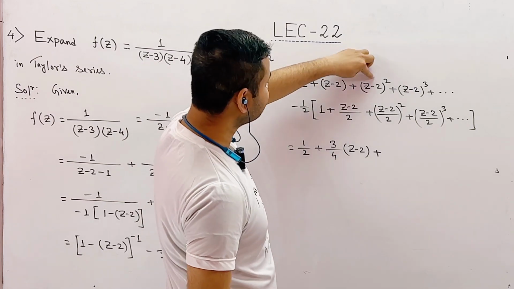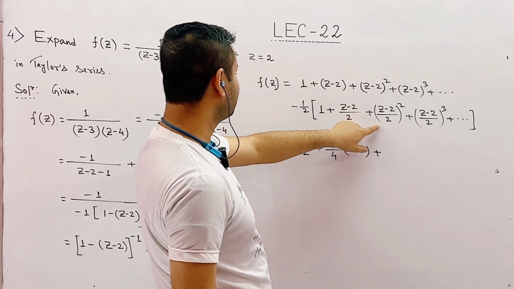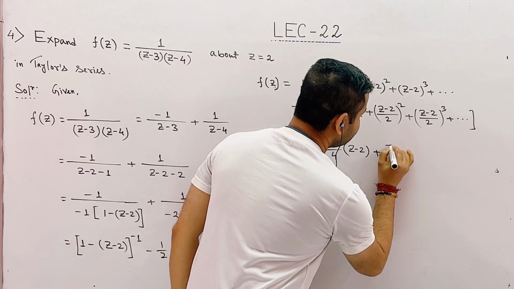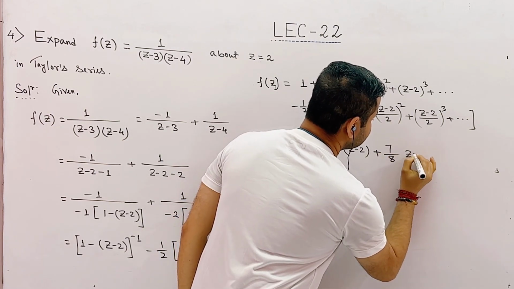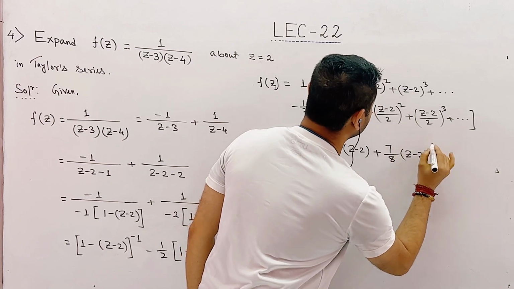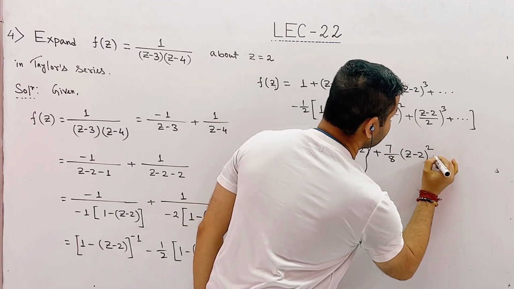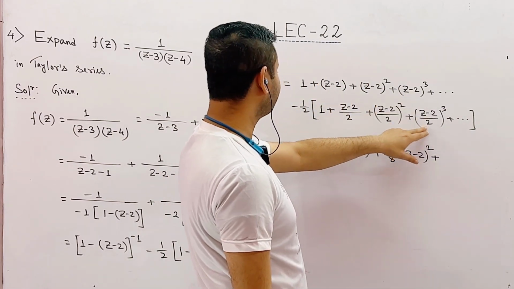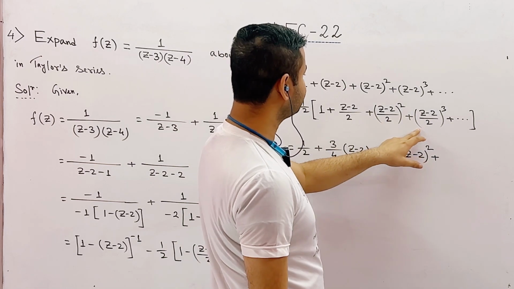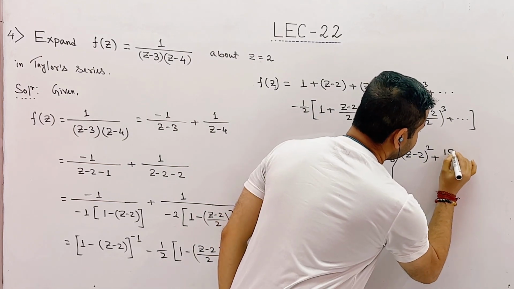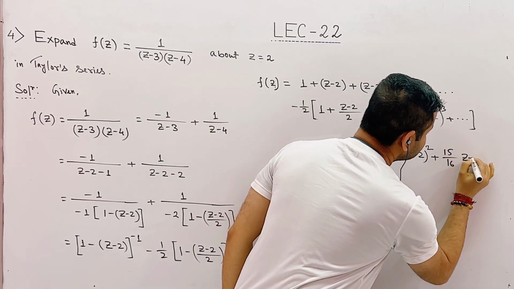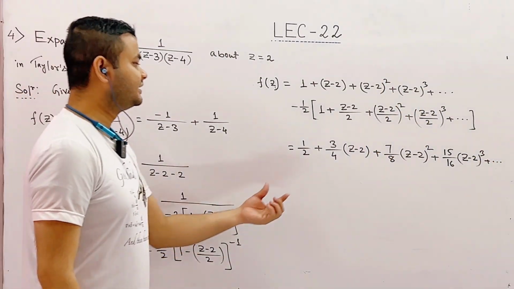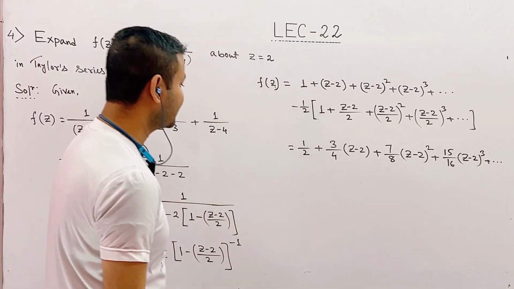Again, if we add this term and this term, finally we will get 7 by 8 (z minus 2) whole square plus. Again, if we add this term and this term, finally we will get 15 by 16 (z minus 2) whole cube plus dot dot dot. So this is the required Taylor series expansion.